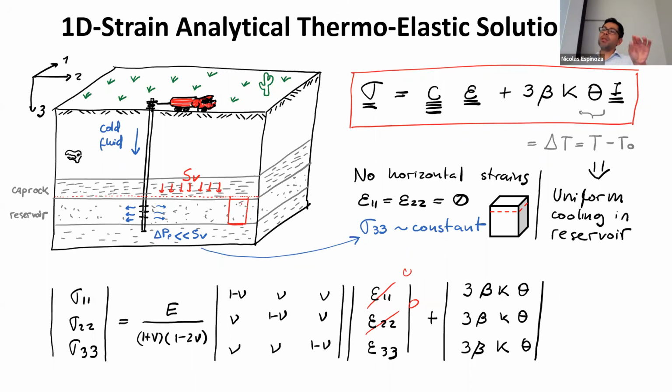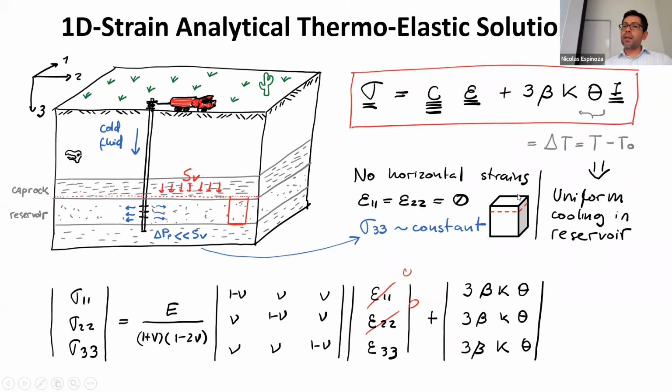So there are no gradients of temperature. The result of that is that there is not going to be more contraction near the wellbore than far from the wellbore. And the result is that the horizontal strain is going to be the same everywhere.